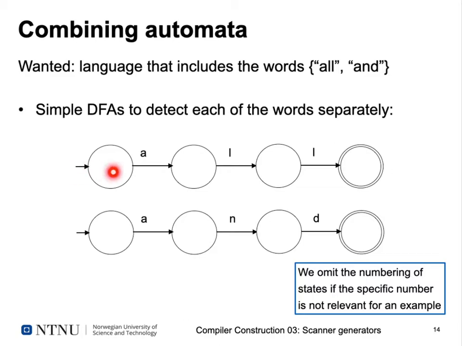So we start here, then we detect an A, then we detect an L, then we detect another L, and then we're in accepting state. So the first automaton here detects the sequence all, and the second one is A, N, and D. So this detects our word and. Please note that we left out the numbering of the states here because it's not important in this example. So it just makes things easier to read.